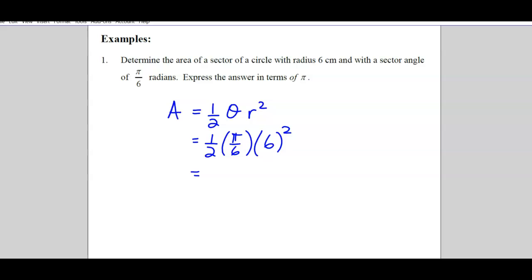So show that as an exact value. And then it is area, so it's going to be centimeters squared. Okay, so the 6 divides out and the 2 divides out.